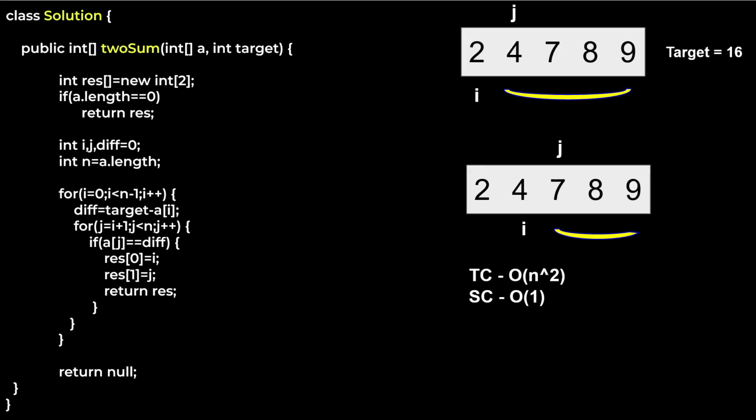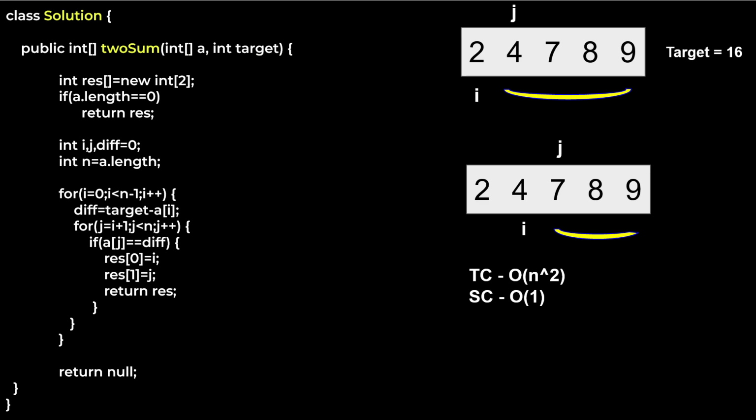Let us go through our code once and see how we can implement the brute force approach. So here we have first declared the resultant array to store our indices. We will keep a basic check if we have been given an empty array or not. Then we will be returning the result. Then we will start off with the first loop where we will be keeping our ith pointer at the very beginning of the array, and then we will find the difference between the target element and the element at the ith position.